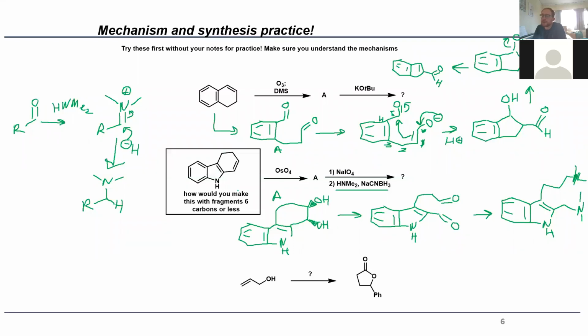And when you see an indole, you should really think about the Fischer indole synthesis reaction.